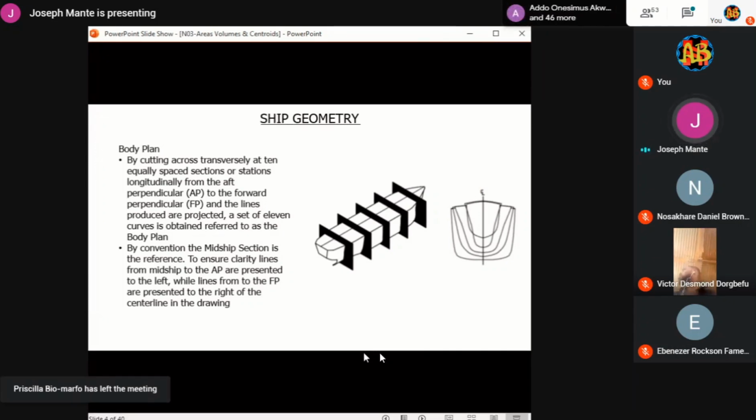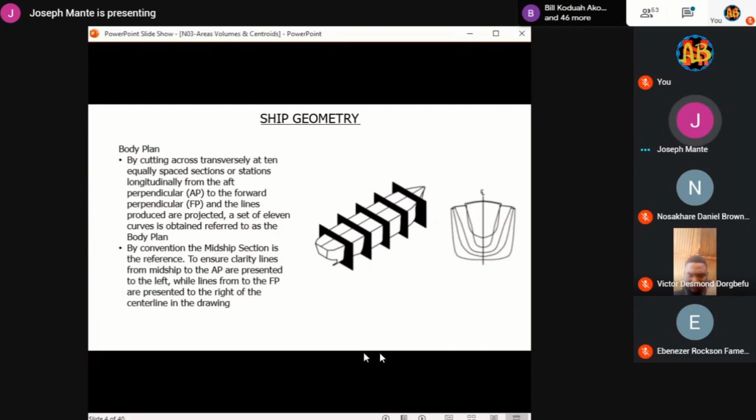So it means that you have to divide them. And now when you divide them, you'll be able to calculate for one portion, calculate for the second portion, the third portion, the fourth portion. Then you do all the calculation. Then when you add them, you will be able to come out with the whole area of the hull or of the ship.